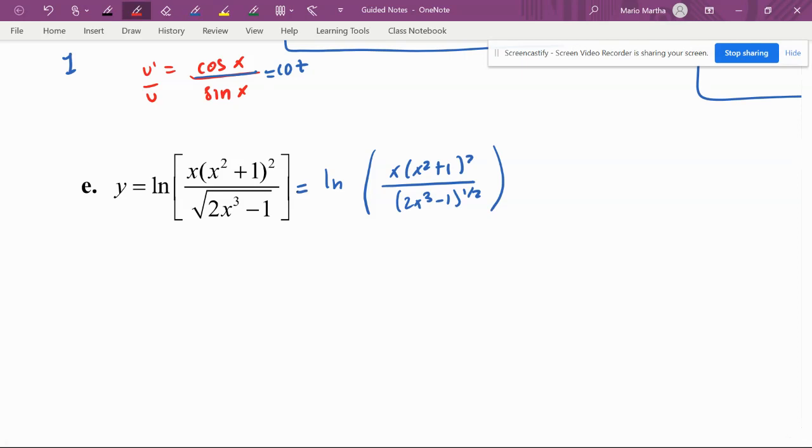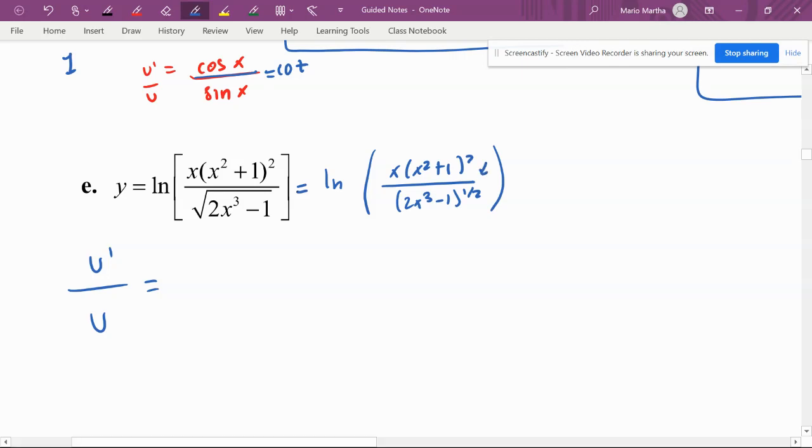So first, your exterior layer, right? The derivative of the exterior layer is just going to be u prime over u, all right? And then here, one of the things that I would want to do is, before I try to attack this, I know some of you guys are thinking, well, I want to apply the quotient rule because I see a quotient, right?